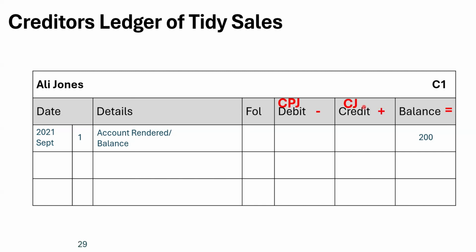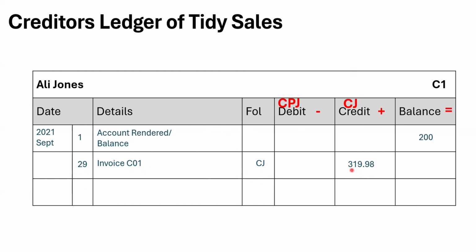So on the 29th, we've purchased from this creditor. You write in your details the invoice number, invoice C01, folio the journal, CJ, and now I buy, so I owe them more money. So in the credit column, 319.98.